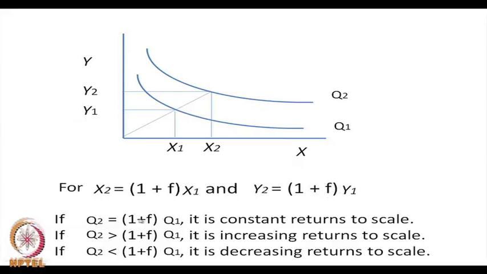Then we say that it is a case of constant returns to scale. Whereas, if we find that q2 is higher than 1 plus f into q1, then it is a case of increasing returns to scale. Whereas, if we find that q2 is less than 1 plus f into q1, then we say that it is a case of decreasing returns to scale.